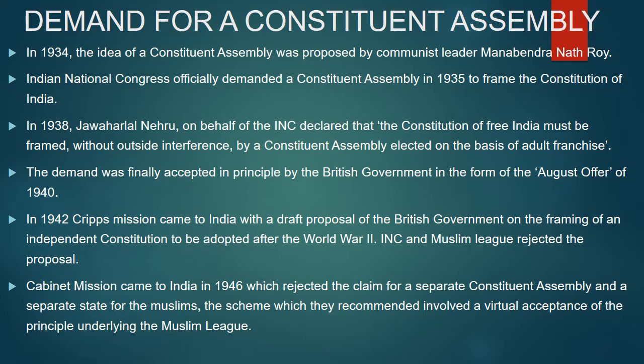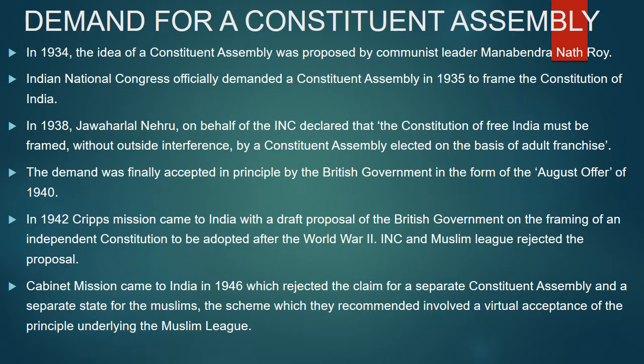So the British government played a game here. They offered Indians that they would give a Constituent Assembly, but after World War II. But Indians were not ready to accept those verbal offers.